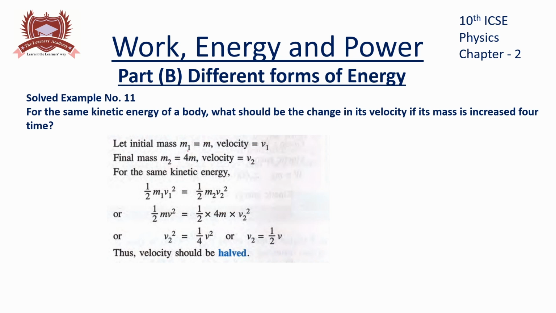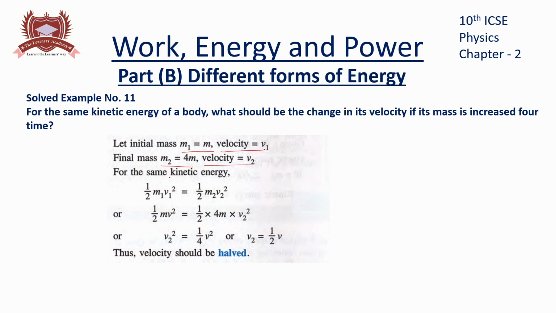So in the first case we say mass is m1 and the velocity is v1. In the second case the final mass is m2, which is 4m, 4 times my initial mass, and its velocity is v2. Now we have to compare them.